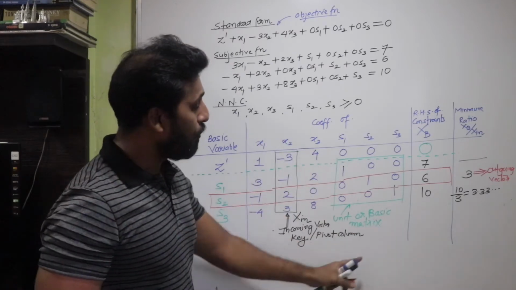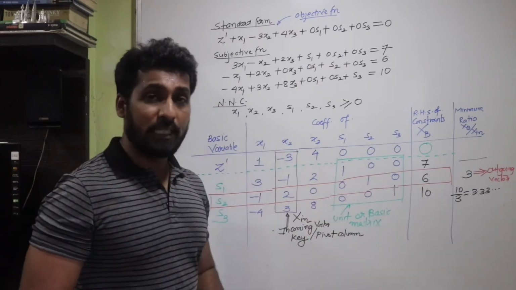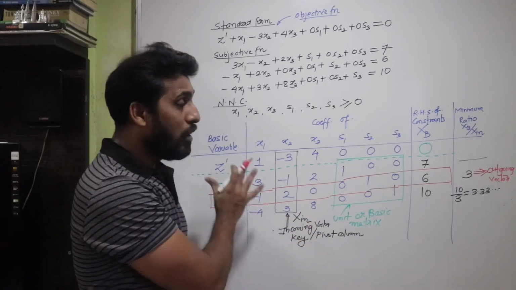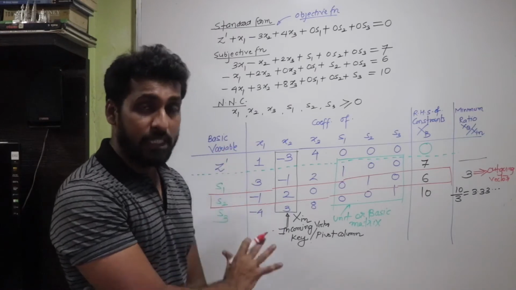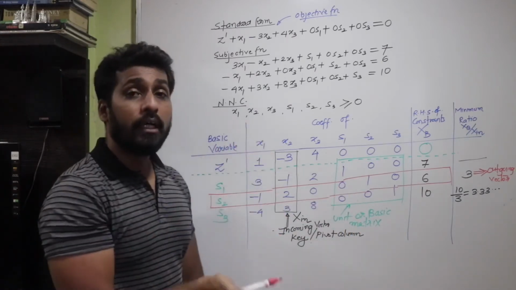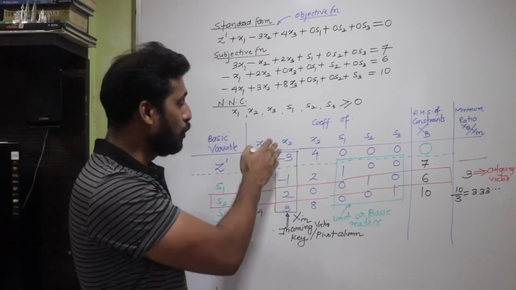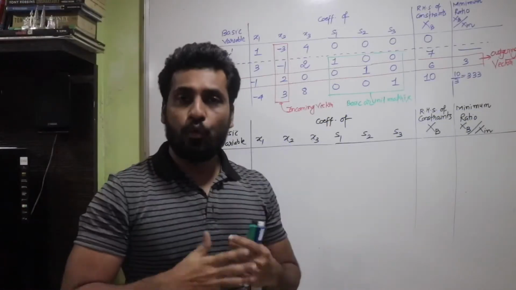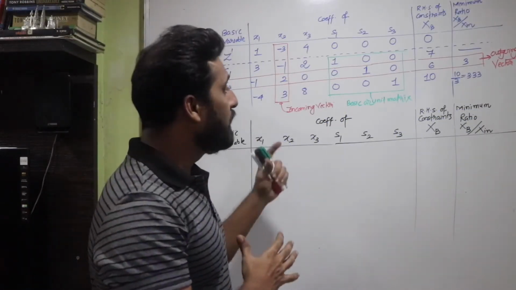Make sure that you have noted down the first simplex table, the initial simplex table. S2 is going to go out and X2 is going to come in. So X2 is the incoming vector, S2 is the outgoing vector. So we have finished with the initial simplex table.